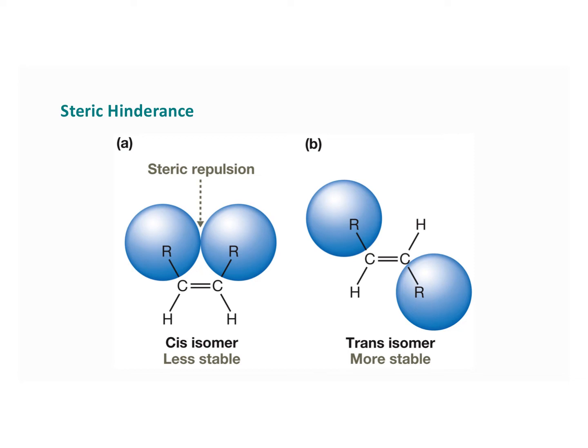The bulkiness of the 2 alkyl substituents causes the electrons from those groups to occupy the same space in the cis isomer, and so there's a lot of strain here. In the trans isomer they're on opposite sides of the double bond, and so repulsion of those electrons decreases. The increased steric repulsion decreases the stability of the cis isomer, so it's less stable.